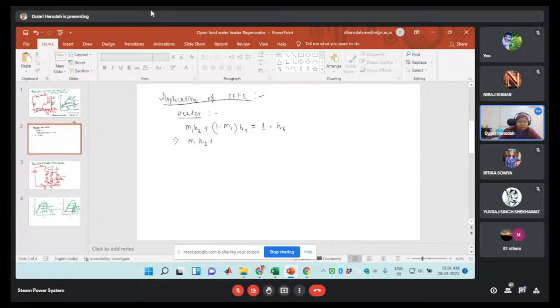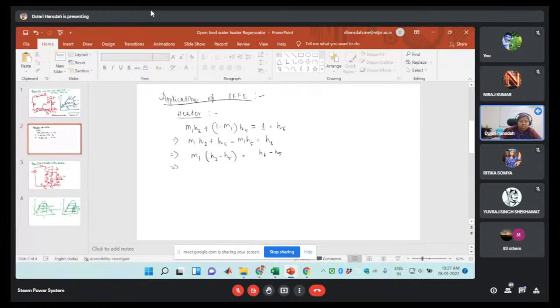Opening the bracket, I can write the equation as M1 H2 plus H5 minus M1 H5 equals H6. Taking M1 common, M1 into H2 minus H5 equals H6 minus H5.